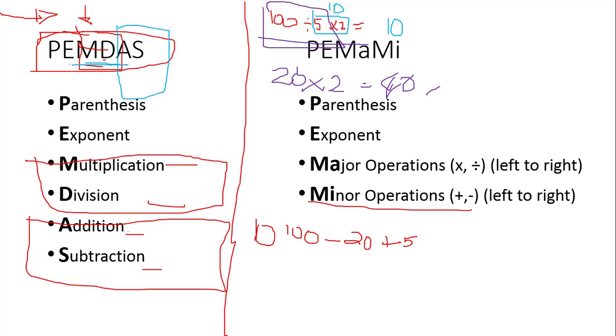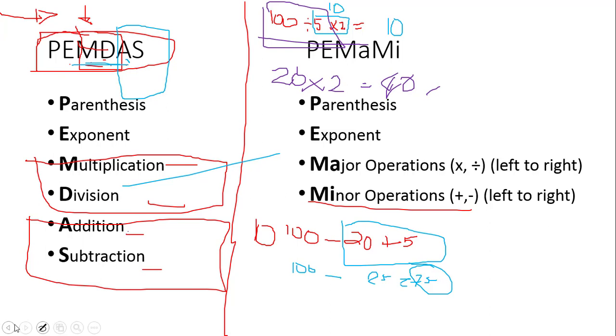Kung di mo alam ang tamang paggamit ng PEMDAS or ng order of operations, ang gagawin mo, since ang sabi nga dito, addition muna, ang gagawin mo is 20 plus 5 muna. So, you have 25. Then, 100 minus 25 is 75, diba? Itong answer mo, 75, kapag ipo-follow mo tong rules na to.